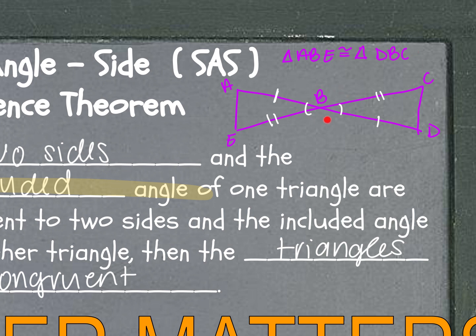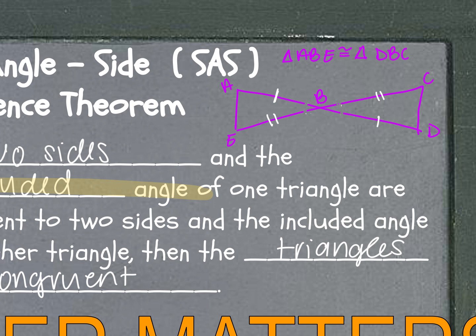I already know whether they're giving me these signs or not. We have to know by now that vertical angles are always congruent. So if they're not giving you these, let's say that these little white lines were erased. Let me get a smaller eraser. Let's say that this wasn't here and they just gave it to us like this.